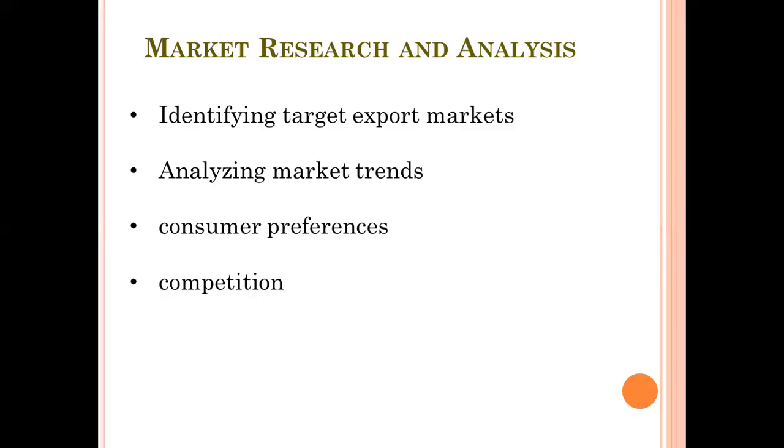There are already many competitors in the market, so how can we compete with them? We need to provide quality products. For example, nowadays most Indians need organic food products, right? So we can compete with these kinds of things to stand in the market. This is the first stage, market research and analysis.